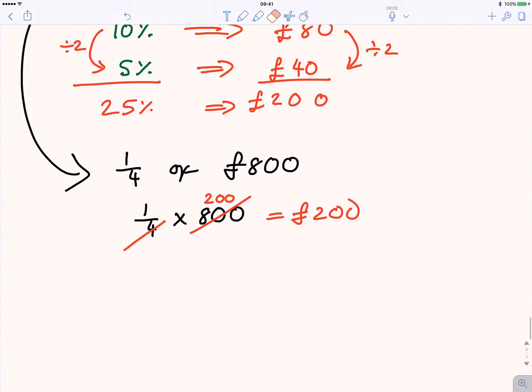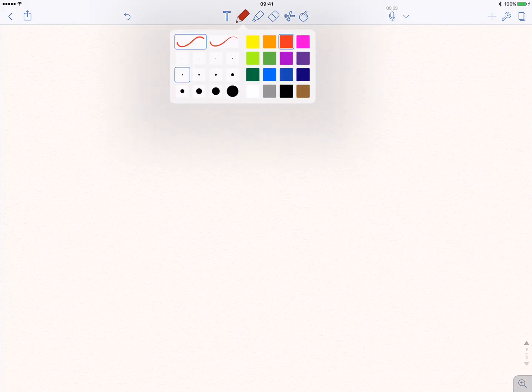Now, let's try a more difficult example. Suppose they ask you to work out, let's say, let's make something up, 22.5% of £73.